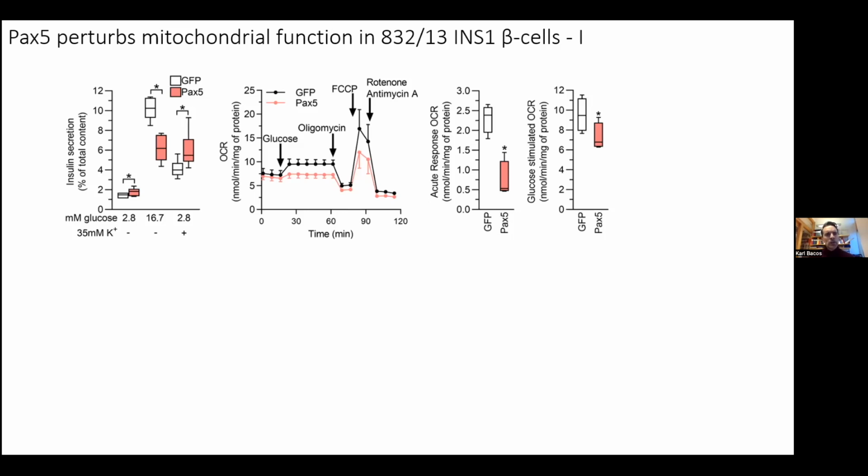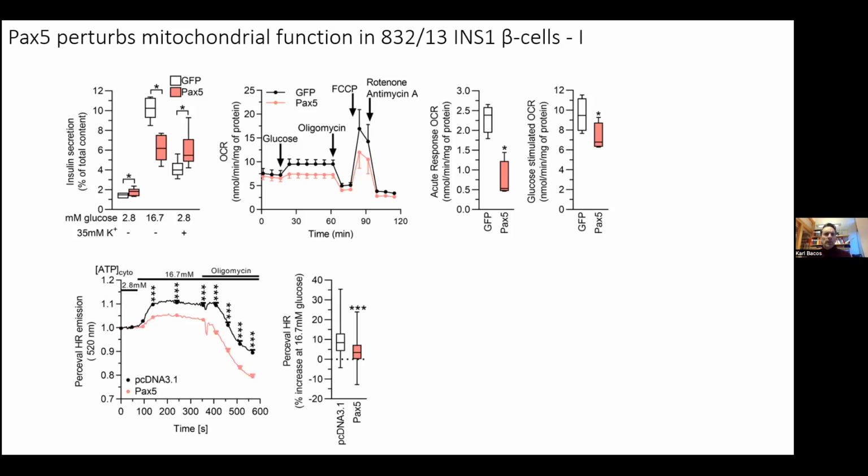And you can see that there's reduced glucose-stimulated respiration, quantified in one of the graphs on the right, and there's also reduced maximum respiration. So the graphs on the right show the difference between basal and glucose-stimulated respiration, and also the glucose-stimulated respiration in absolute values. Both are decreased.